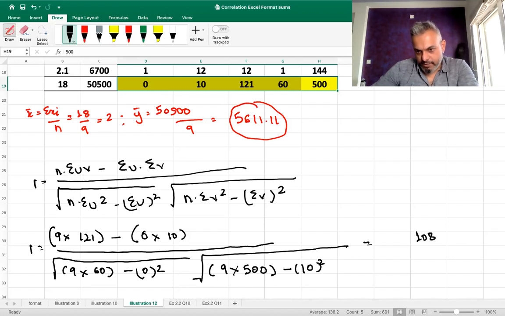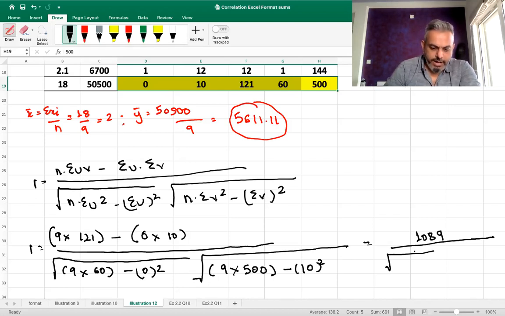Which is equal to 1089 upon under root 9 into 60, 540, under root 540, under root 4500 minus 100, which is 4400.